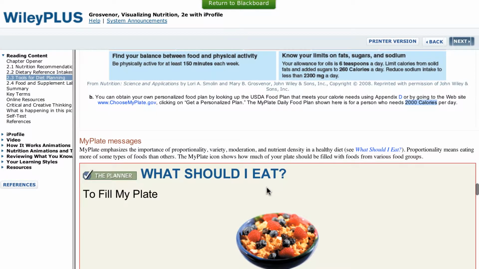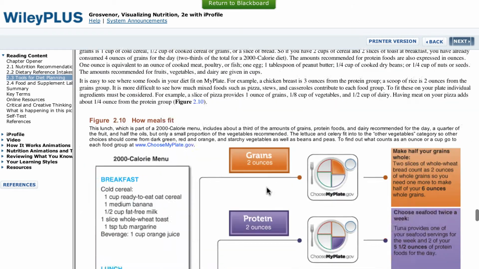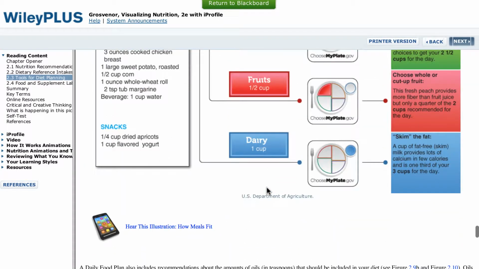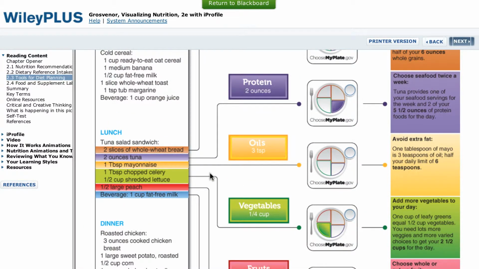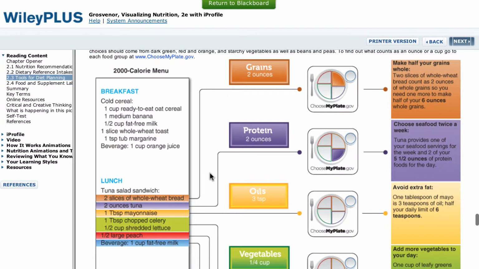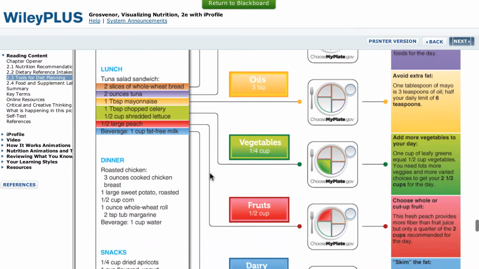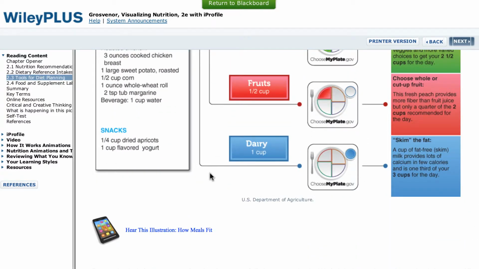D. And then finally, I think this illustration that explains how one meal of my plate fits into a whole day of eating is extremely helpful. So I highly encourage you to go through that and listen to that section of the textbook.